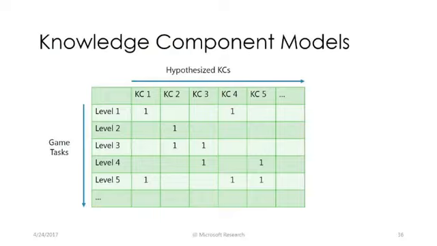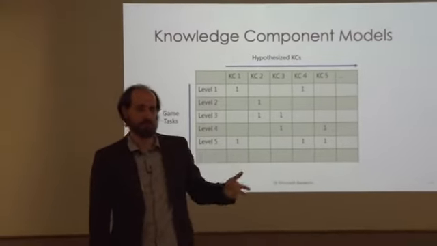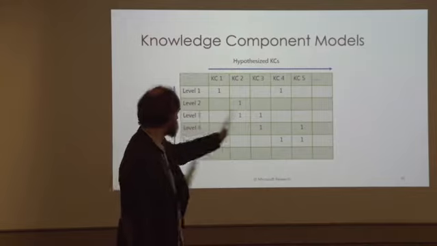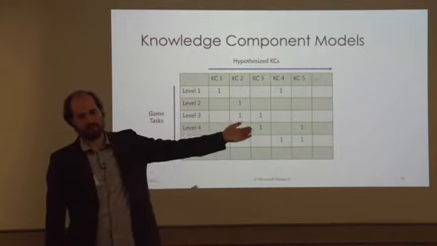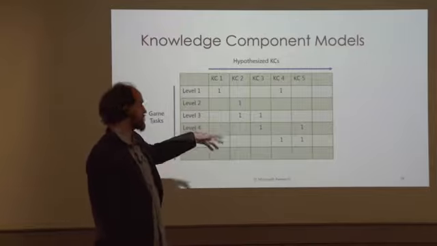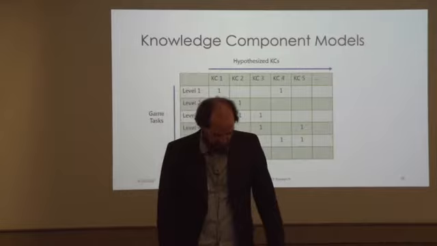Down the y-axis you could have game tasks. They could be levels, steps in a problem, or problems; you can play with different granularities there. On the x-axis, you have different KCs that you hypothesize each task exercises or requires. Essentially, this is a big binary matrix, conventionally called a Q matrix in the literature.